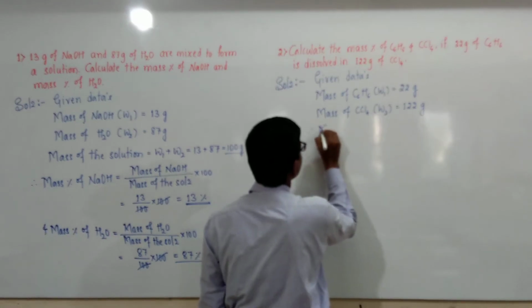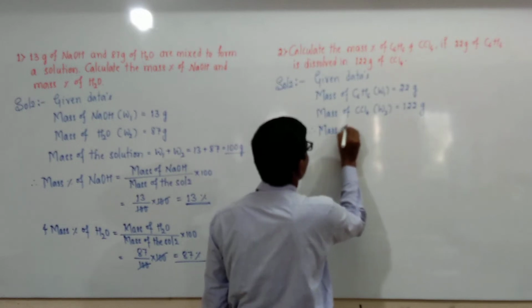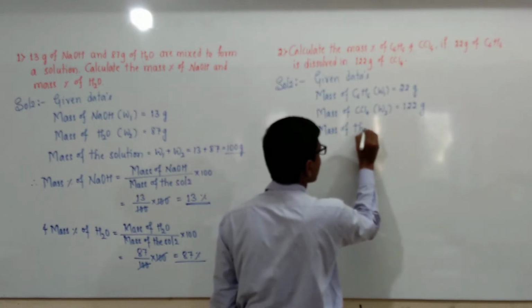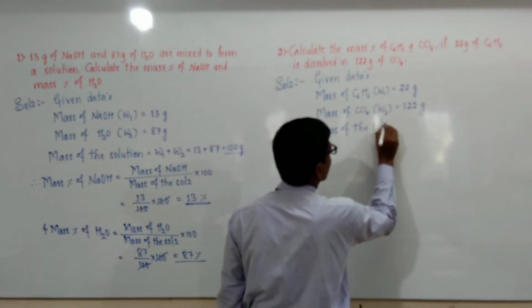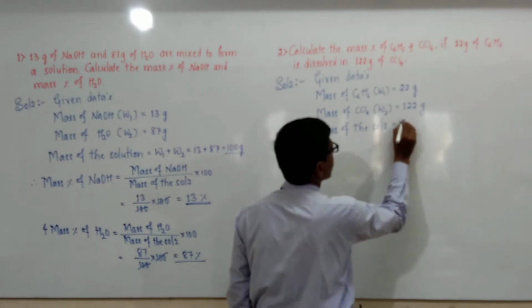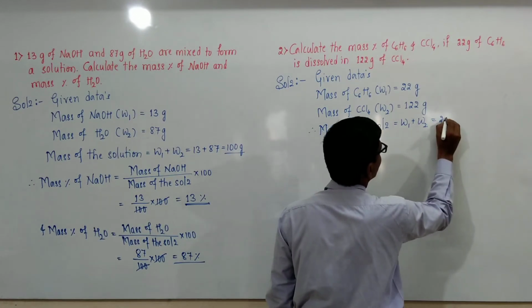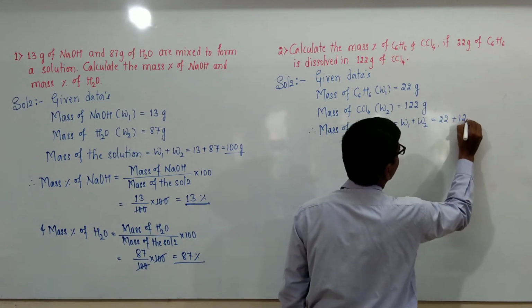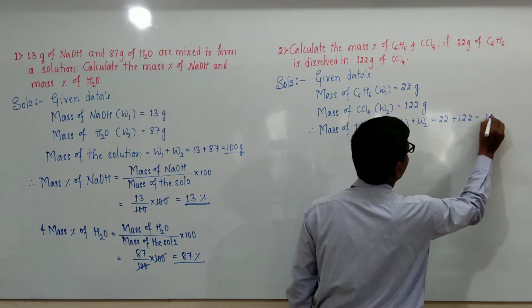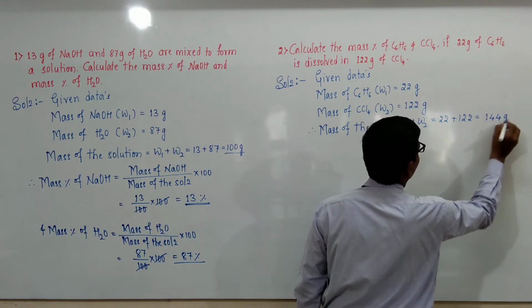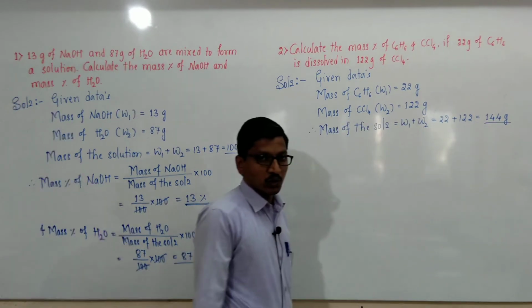Therefore, mass of the solution is equal to W1 plus W2. This is equal to 22 plus 122, 144 gram is the mass of the solution.